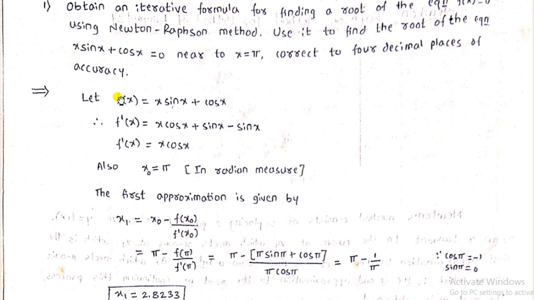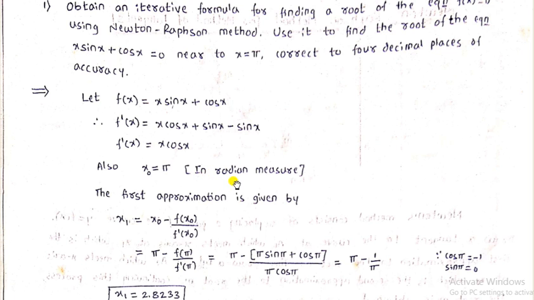Now we have to use f of x and f dash of x to calculate the approximate roots. In this problem, they have given the initial approximation x is equal to pi, or x naught is equal to pi. So when a problem contains trigonometric functions sine, cos, tan, cot, etc., we will always calculate these terms in radian mode.